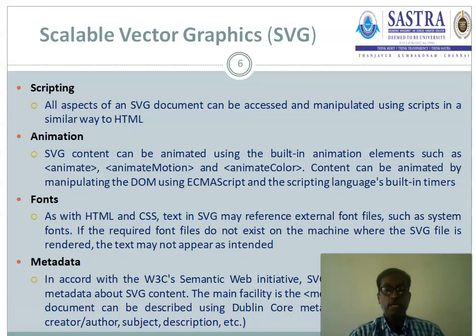And next one, metadata. Metadata is a very important aspect of a web document. If you provide enough content in the metadata, then only you are able to fetch and use the content. In accord with the W3C Semantic Web Initiative, SVG allows authors to provide metadata about SVG content.